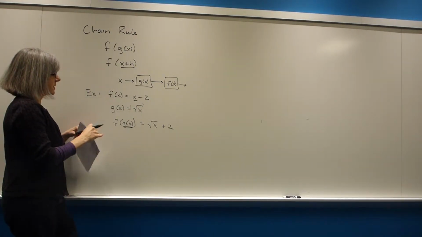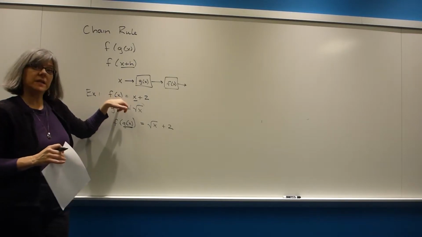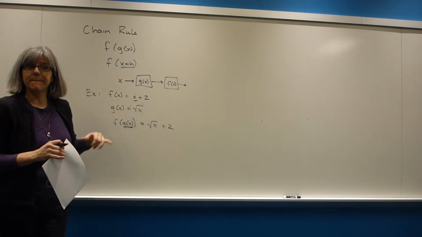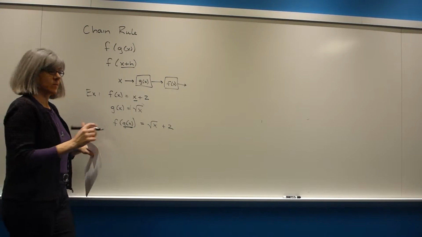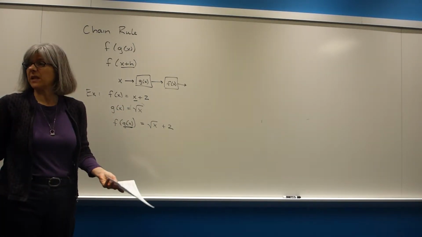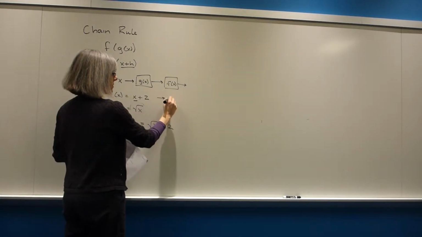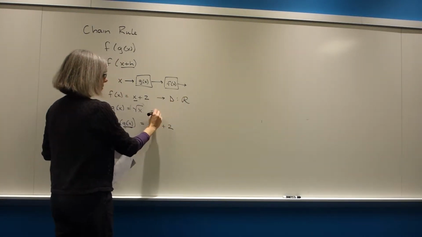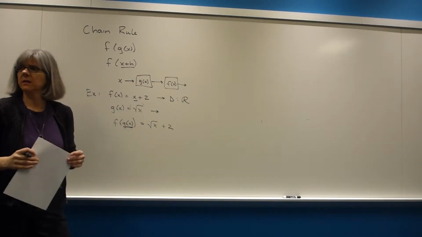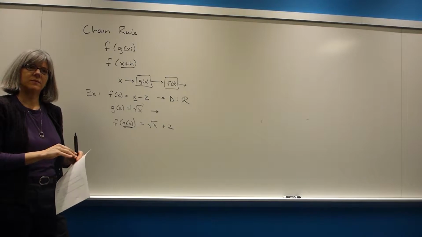All right, so let's back up. Tell me the domain of the first one. What kind of a shape is it, and what is the domain? It's a line, so we know the domain is all reals. Is there anything you can't put in a line? It goes the whole distance. What about this one? What kind of a shape is that? Let's make the shape. Everybody make the shape.